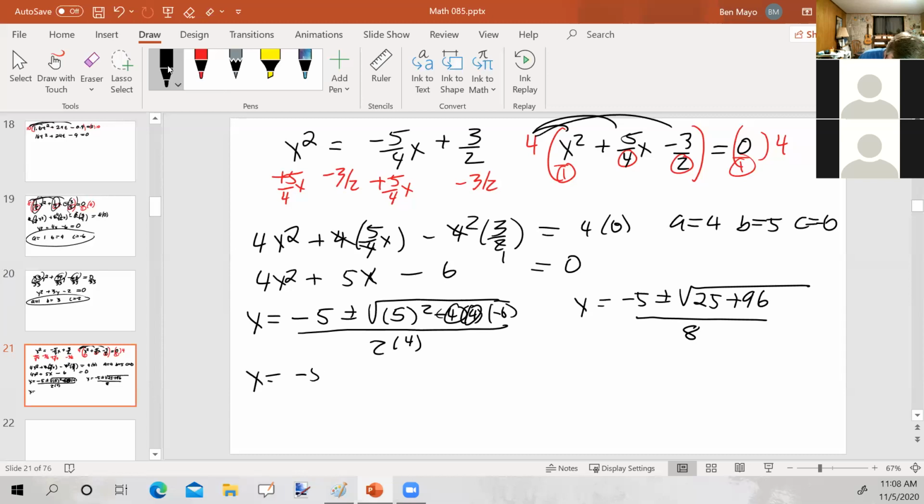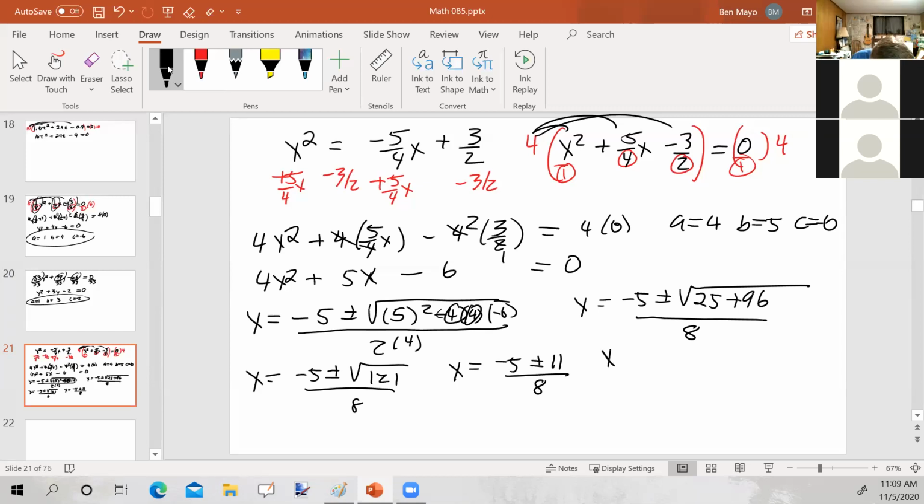X equals -5 plus or minus the square root of, let's see, what is that? Is that 121? All over 8. X equals -5 plus or minus the square root of 121 happens to be exactly 11, all over 8.